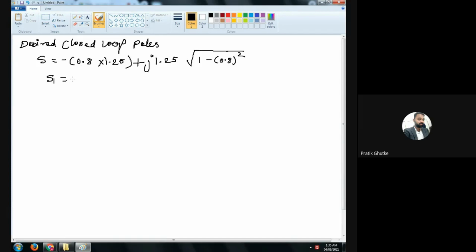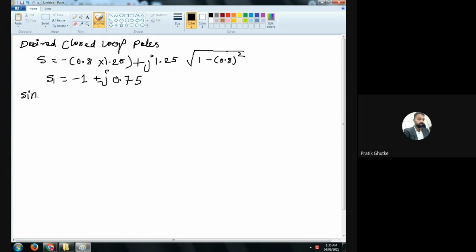So S equals to what are the roots? Minus 1 plus minus j 0.75. So one root would be minus 1 plus j 0.75 and the second root would be minus 1 minus j 0.75.